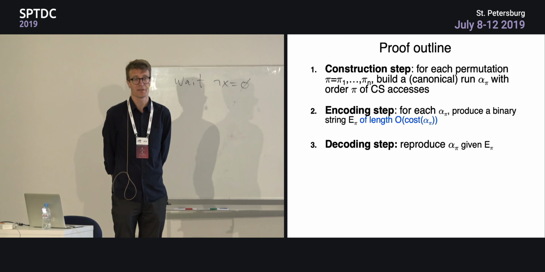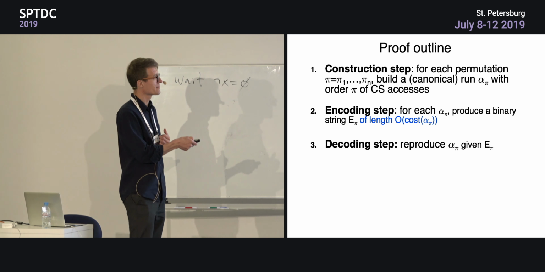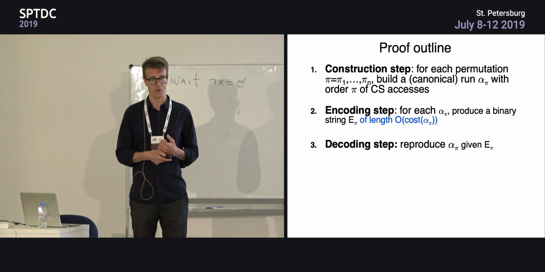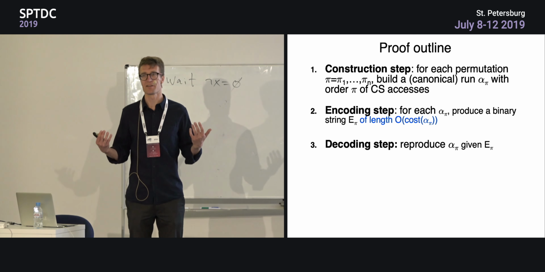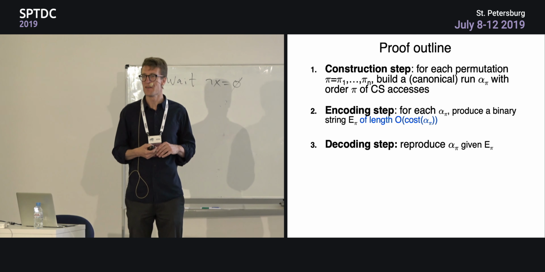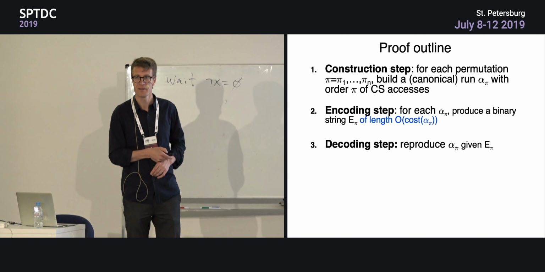So now, we know that it's a code, and thanks to this, using Shannon's information theory, this Shannon's argument, at least one string in this code book should have length n log n. This is thanks to the decoding step.